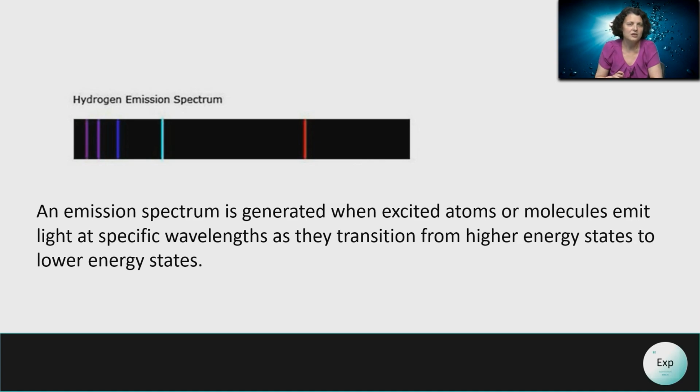These lines are in the same positions that we had the dark lines in the continuous spectrum, in the absorption spectrum of the hydrogen. Now, I am focusing my presentation mostly on hydrogen because the Bohr model only applies to hydrogen. For all other atoms that have more than one electron, it only works through approximations.